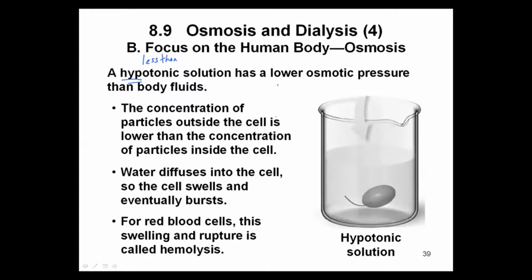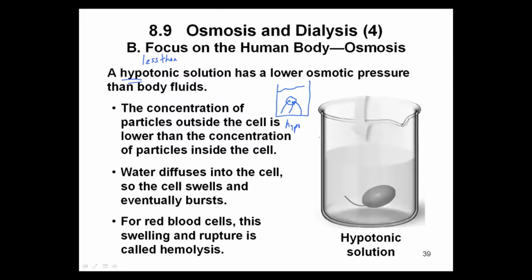So as that picture shows, if you take your red blood cell in a hypotonic solution, because the outside is less concentrated than the inside of the cell, by osmosis, the water in the solution outside the cell is going to rush into the cell. A red blood cell has a membrane, so it allows the flow in and out of solution.